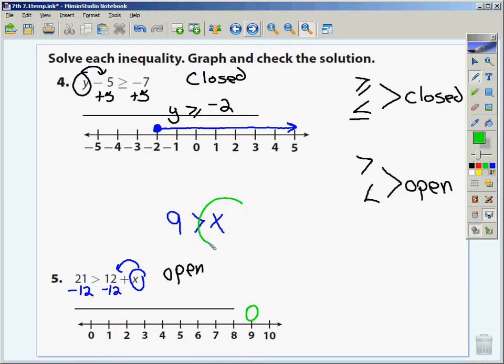Notice that the variable is on the other side of the inequality this time. I always look to see, is the point towards the variable, or is the open end towards the variable? The point, the smaller end, is towards the variable. It means x is getting smaller than what? 9. So it must go to the left.